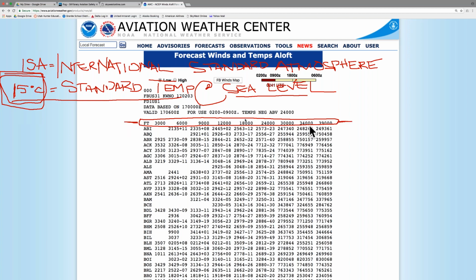This is giving us our altitude in feet above sea level. So at 3,000 feet, this column is your wind direction, wind speed, and temperature. At 6,000 feet, that's your wind direction, wind speed, and temperature. 9,000 feet, you guys get the point, right? Just separate these into columns.